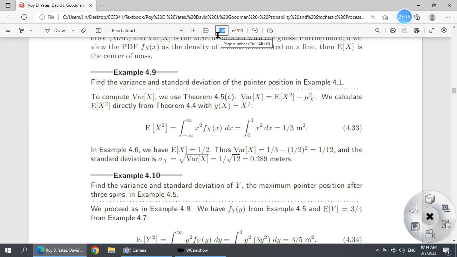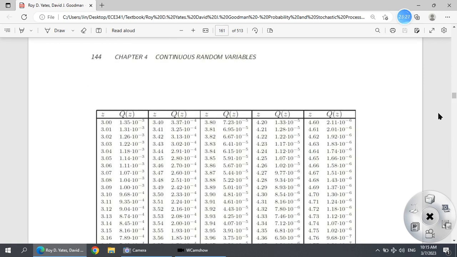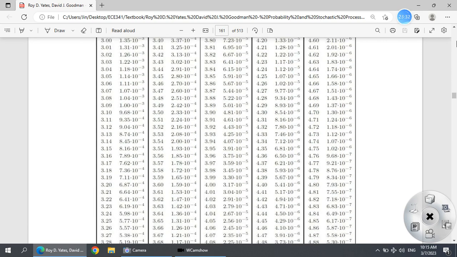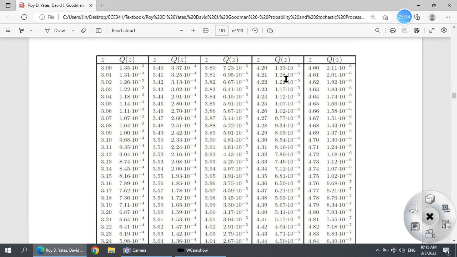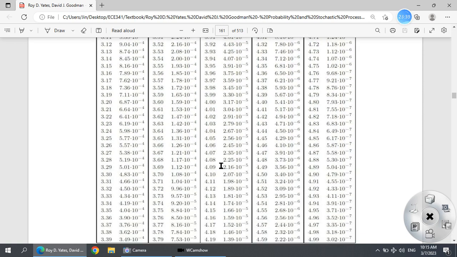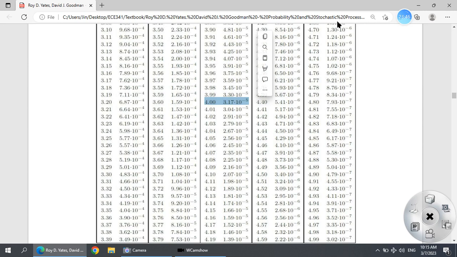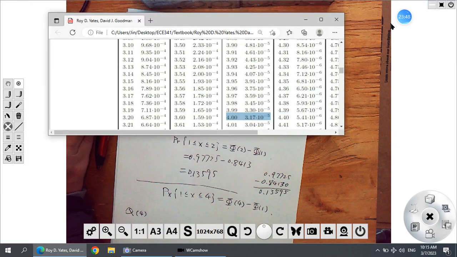Where's the table? The table should be in the page. I just make a record. It's here. So when Z equals 4, 4 is here. So we get a Q. This is not phi, it is 1 minus phi.